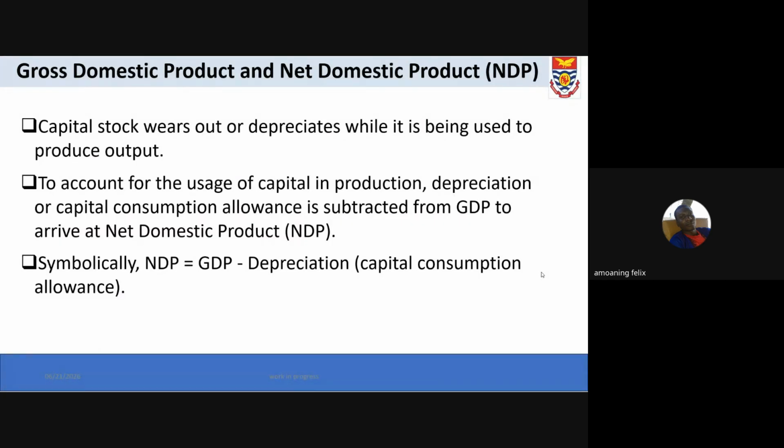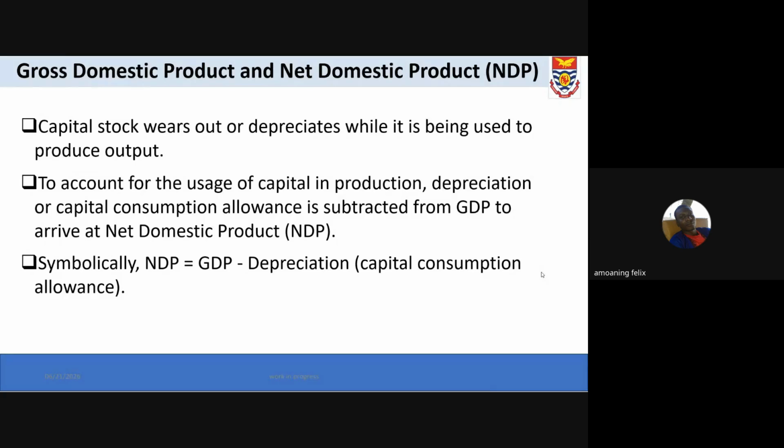And whenever they are producing, this capital stock will devalue, it depreciates. How you bought it and how it is now will go down. What I was trying to say is that it wears out. Capital wears out, and when capital wears out, the value of the capital continues to decline.